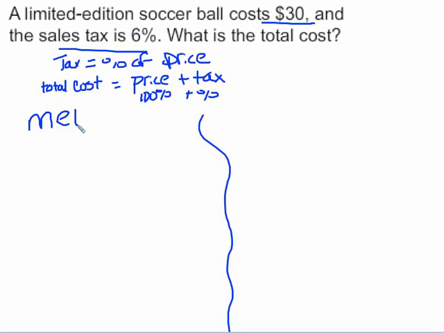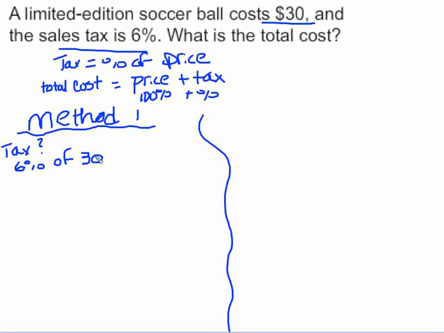So method one, we're going to break this down into two parts. In method one, we're going to first calculate our tax. So the first part we want to know is, what is our tax? We know that our tax is 6% of 30, so we're looking for a part of 30. Now you could set up a proportion, but I'm going to go with the percent equation.